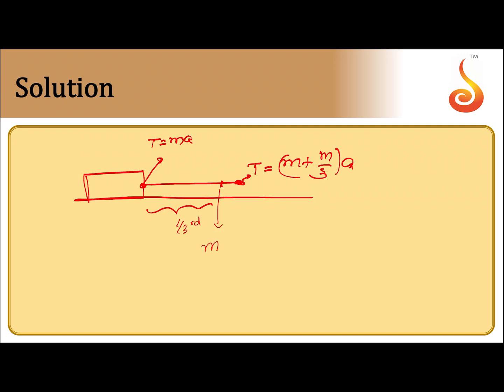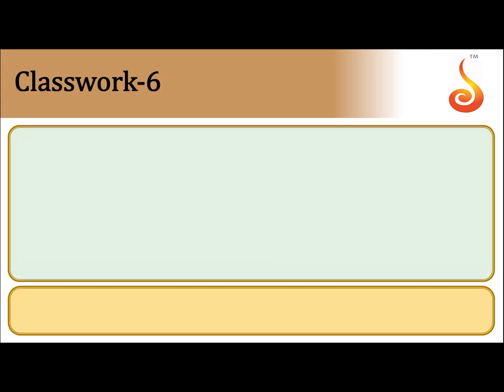Here it is m plus 2/3 of m by 3. Why 2/3? Because this is 1/3, I marked it as 1/3. So if it is 1/3 of m by 3 into acceleration. That's right. So depending on the position under consideration, you can find out the tension appropriately. So for the present problem, our answer is 7F divided by 8. That is option D, of course.